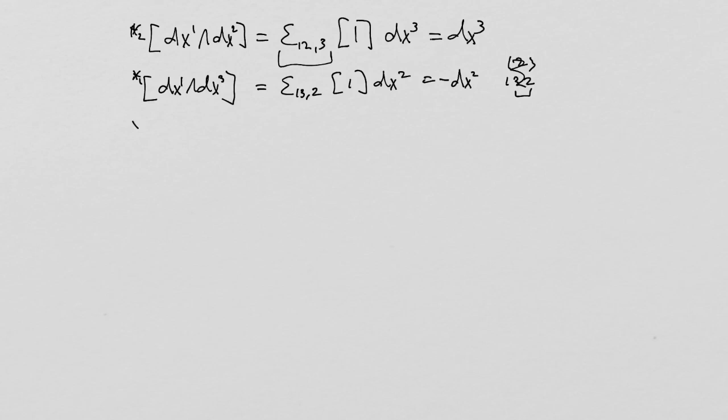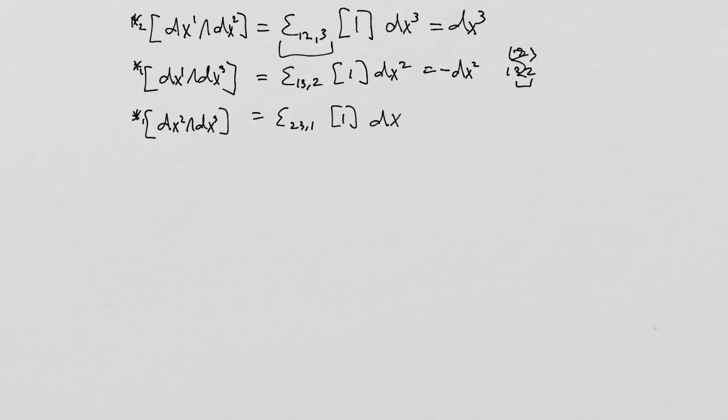And then the Hodge dual of dx2 wedge dx3, which is the last one, is epsilon 2, 3, 1 times dx1, which is 1, 2, 3 to 2, 3, 1. How does that work? We do 1 flip to 2, 1, 3, and then another flip to 2, 3, 1, which is 2 flips. Notice I don't have to go through every possible way of getting there.